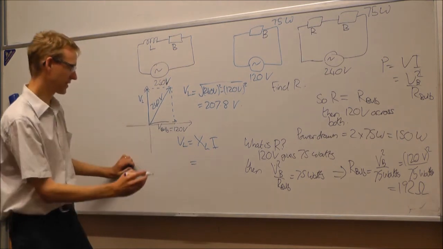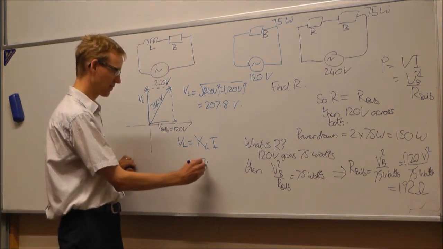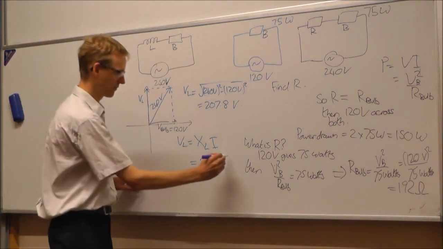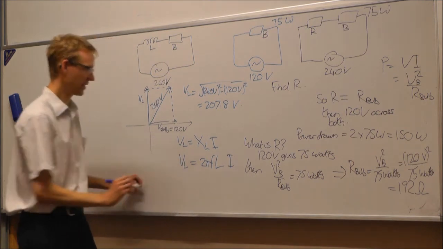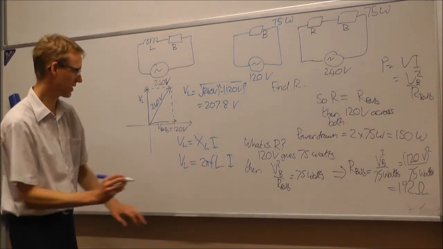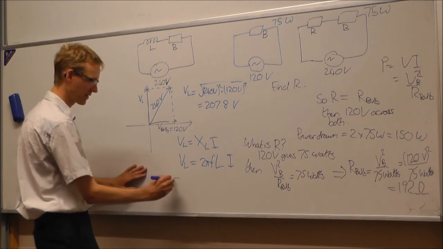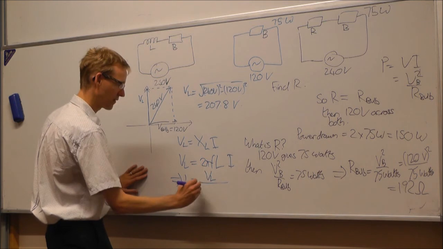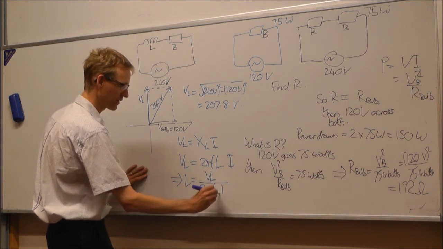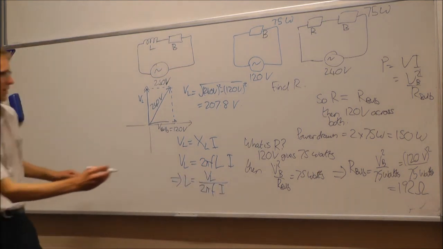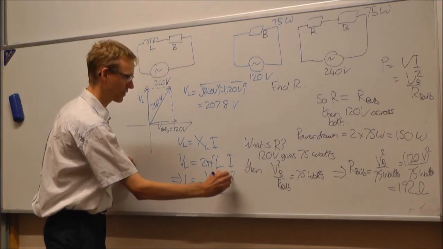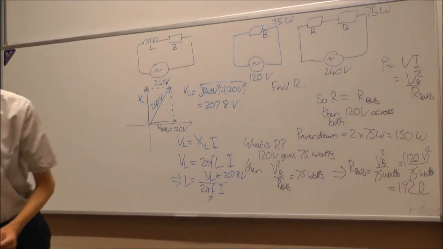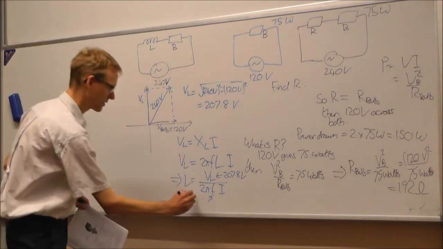The reactance for an inductor is 2 pi times the frequency times inductance. So VL is 2 pi f times L times I. We're after our inductance. So L is equal to our voltage divided by 2 pi times the frequency times the current. So we know that, that's 207.8 volts. Our frequency, I'm very sure it's 50 hertz. Yep, your standard AC supply, 50 hertz.